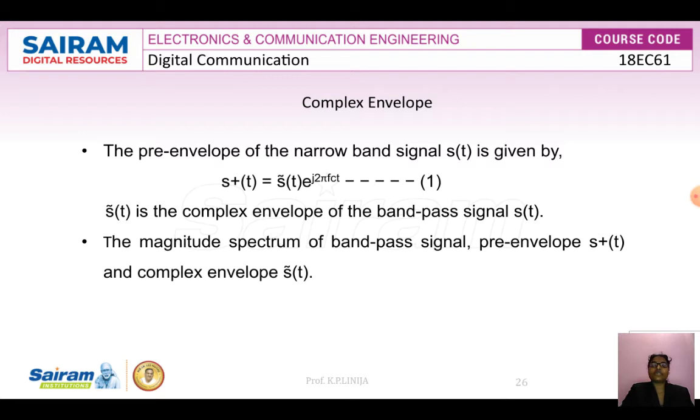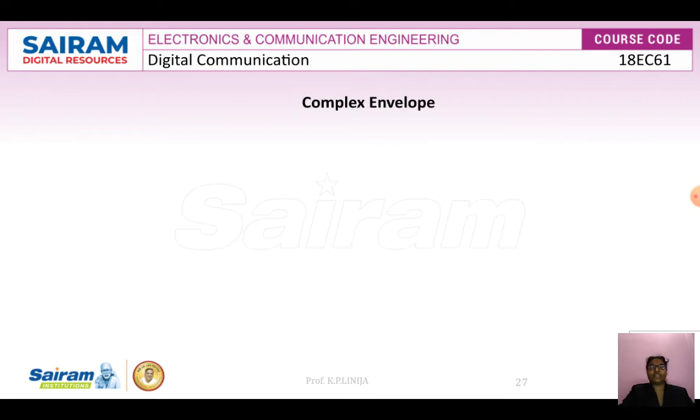The magnitude spectrum of the bandpass signal, the pre-envelope S plus of t and the complex envelope S bar of t can be seen in the graphical representation.